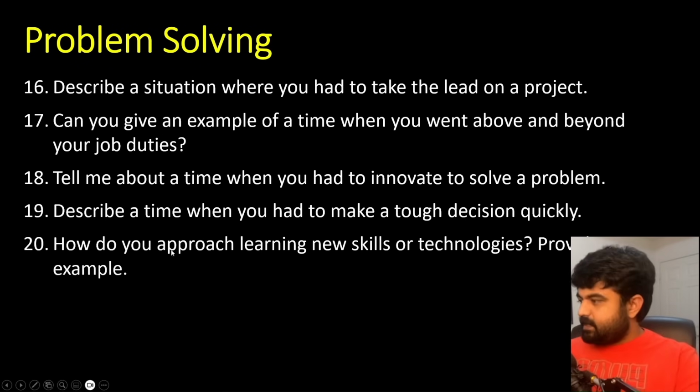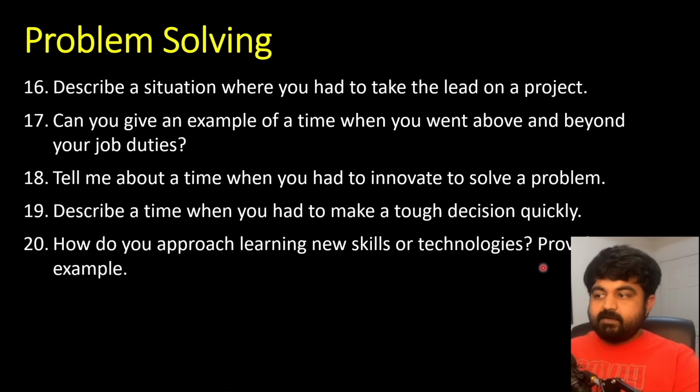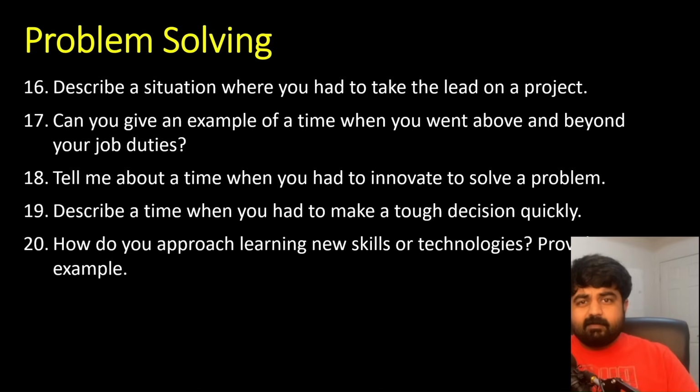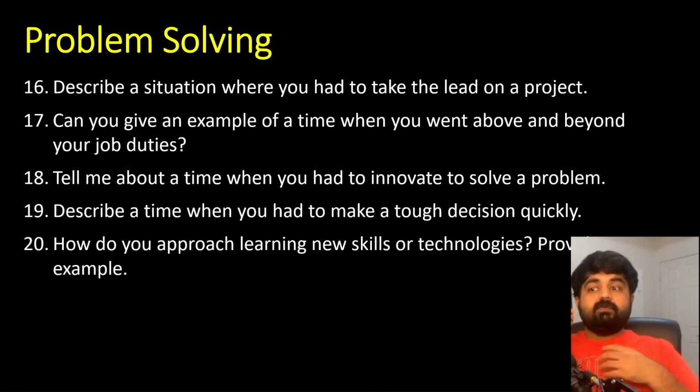Okay. Next one is, how do you approach learning a new skill or technology? Provide an example. Now, change is the only constant in the IT world. Every single year or every couple of years, new technologies come in, new libraries come in, new tech stacks, new problems, new threats from outside entities, whatnot.